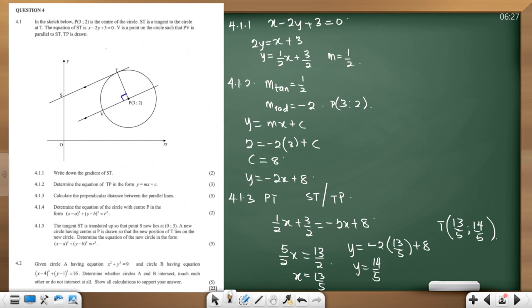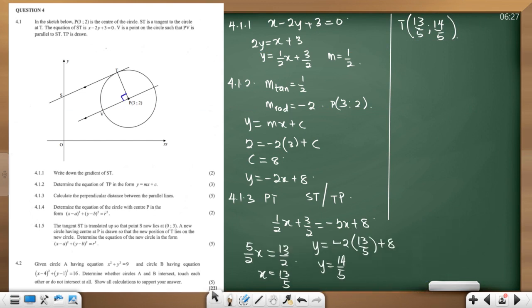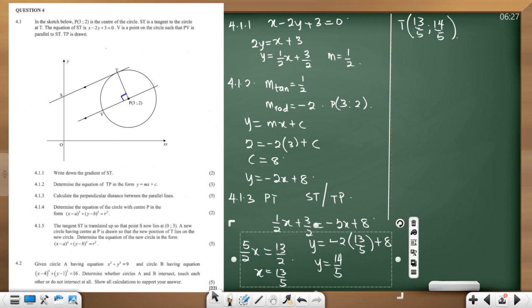But we are looking for the length of PT, so we need to use our distance formula.